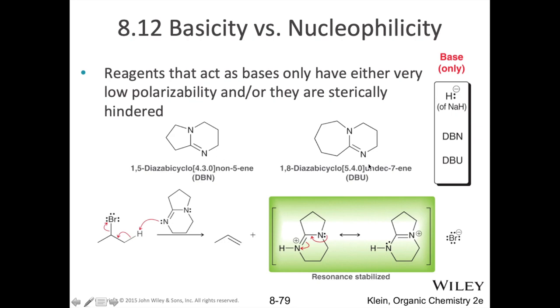Here's what those stand for. They're larger, bulkier molecules, and with larger molecules you get larger names, so we use these abbreviations. But if you don't want to memorize the names and formulas, just generally remember that a bulky base is going to act as a base. It's not going to act as a nucleophile.